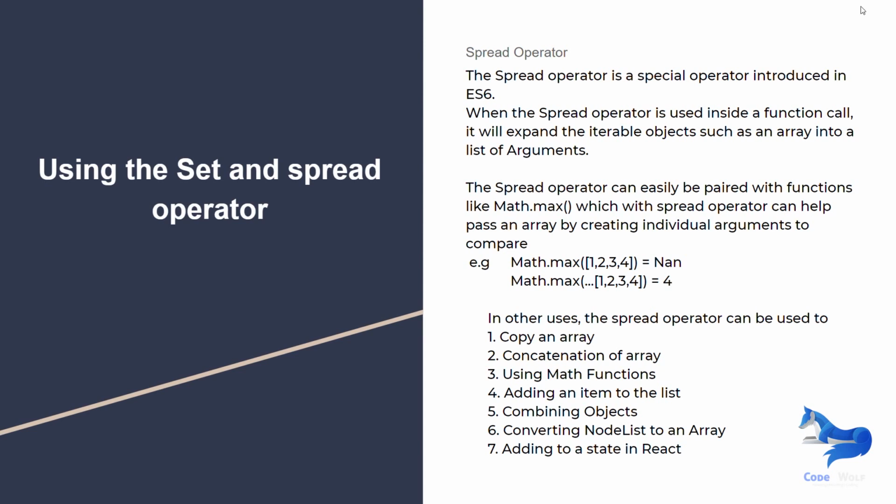As you can see, the spread operator is a special operator introduced in ES6 of JavaScript. Whenever we are trying to use this spread operator, what we essentially do is expand the objects present in any iterable thing, such as an array, into a list of arguments.